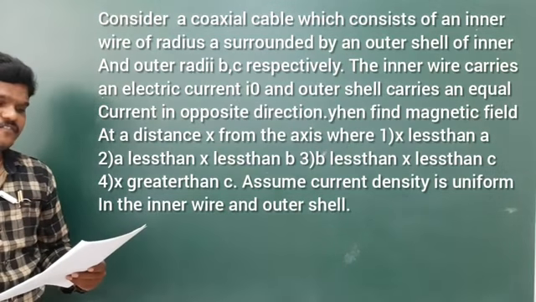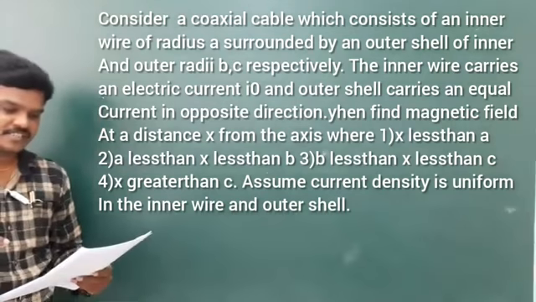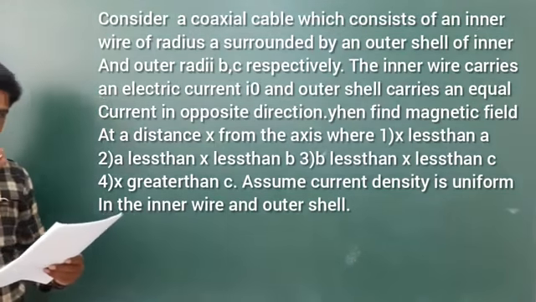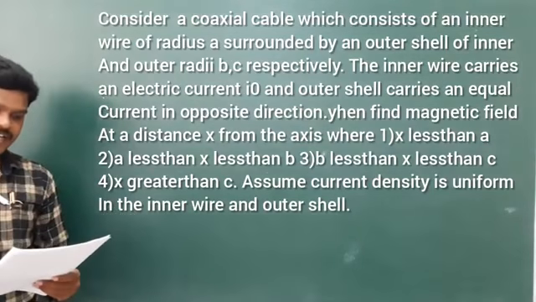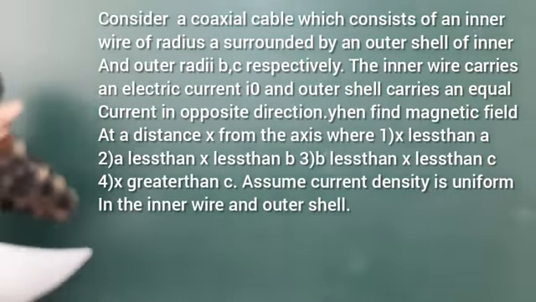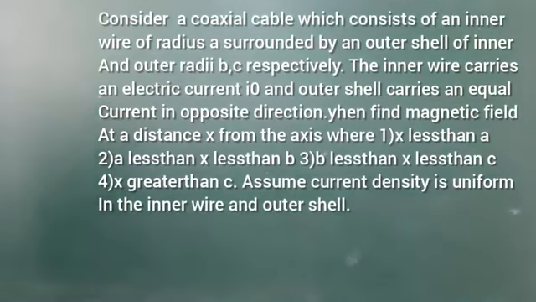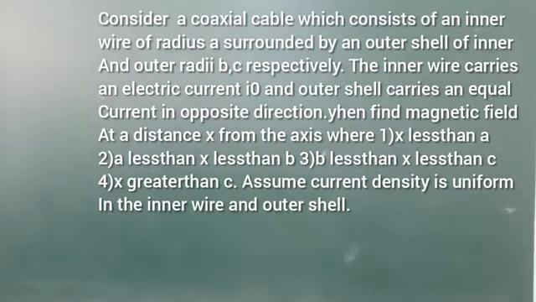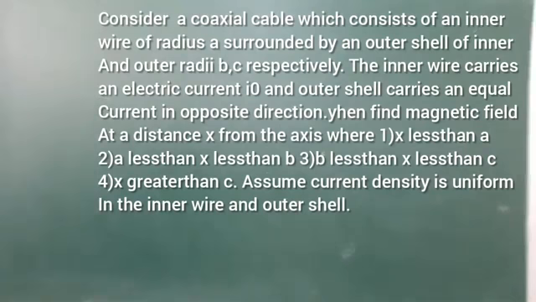Then find the magnetic field at a distance x from the axis, where x is less than a, a less than x less than b, b less than x less than c, and x greater than c. Assume current density is uniform in the inner wire and also in the outer shell. So read the question.